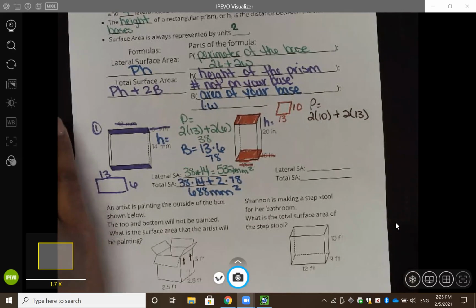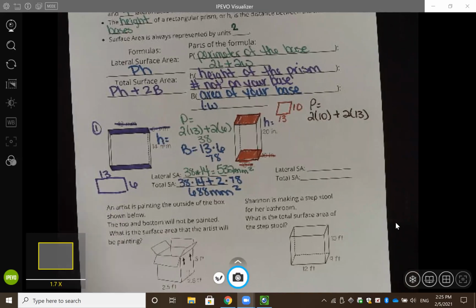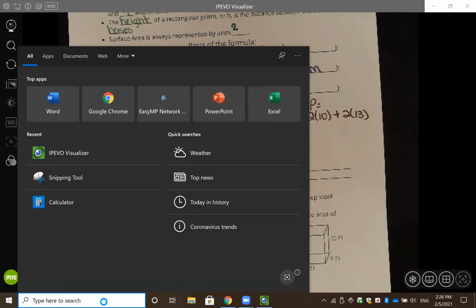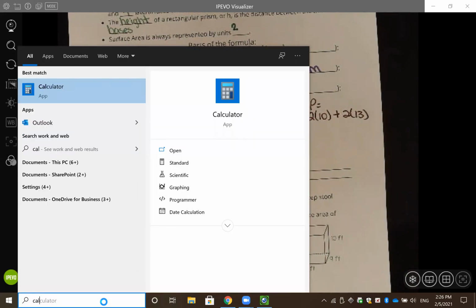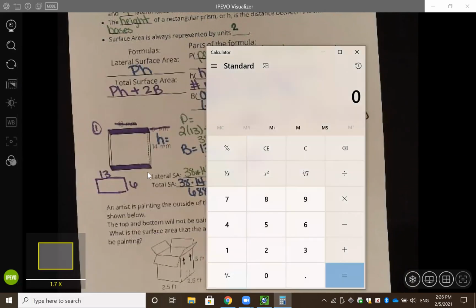So in my calculator, I am going to do it, and I'm going to show you using my calculator that's just on this computer. I'm going to type in 2 times 10 plus 2 times 13.